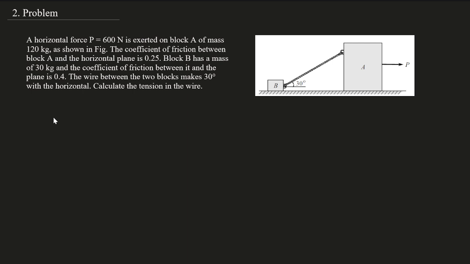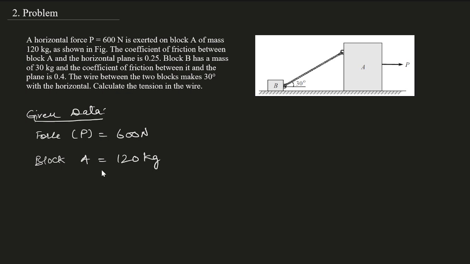Okay. So in this problem, let's see what are the given data. They are given a force P equal to 600 Newton. If you see the diagram, the 600 Newton is applied on the block A. Block A mass is equal to 120 kg and block B is equal to 30 kg.